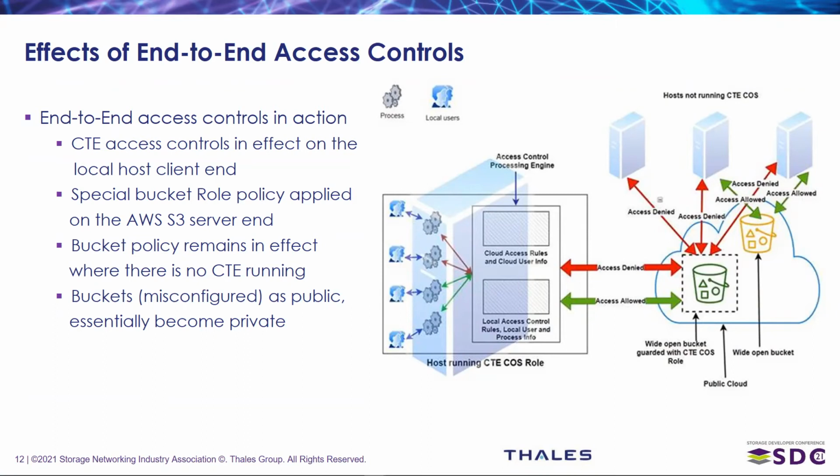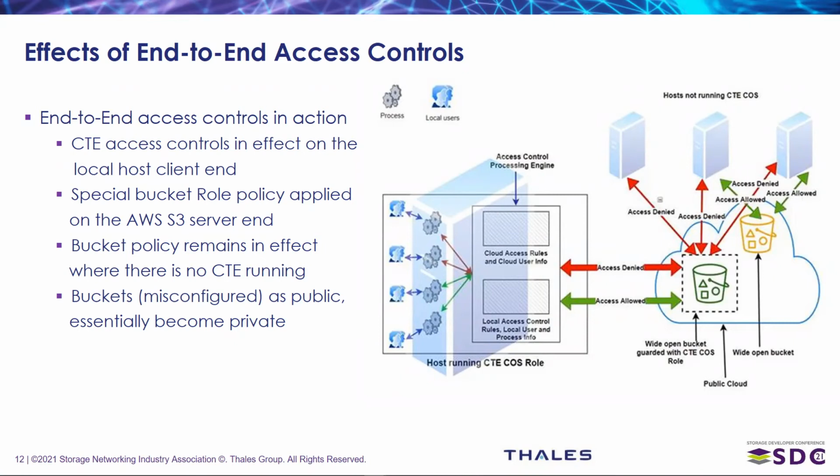The reason access for that host succeeds is because it is running the CipherTrust Transparent Encryption with the end-to-end access control feature configured and enabled. The green bucket is pretty much locked down, and all requests must go through the CipherTrust Transparent Encryption.